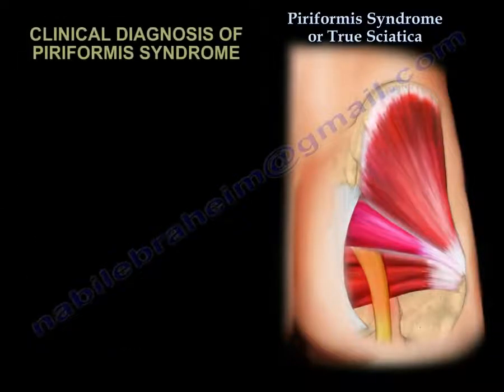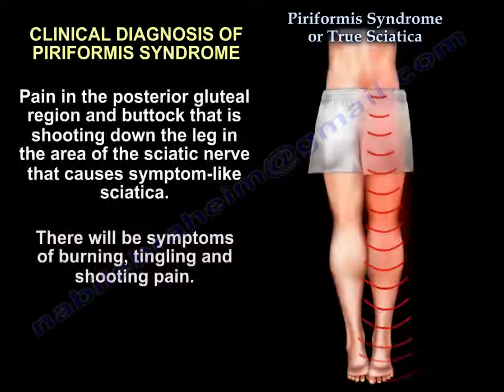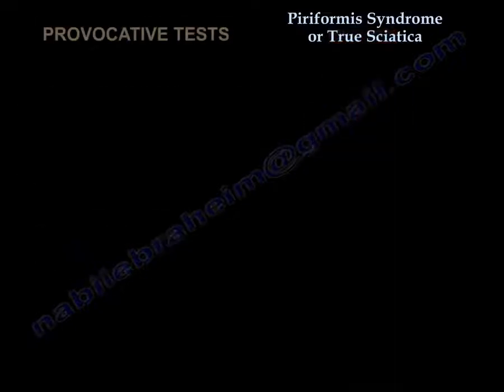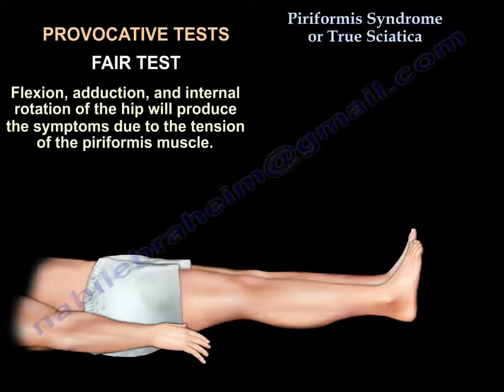How about the clinical diagnosis? You will have pain in the posterior gluteal region and the buttock, shooting down the back of the leg in the path of the sciatic nerve, causing symptoms like sciatica with burning, tingling, and shooting pain. You can use some provocative tests such as the FAIR test.